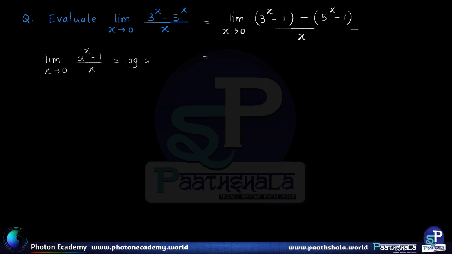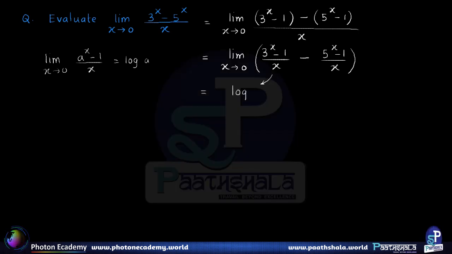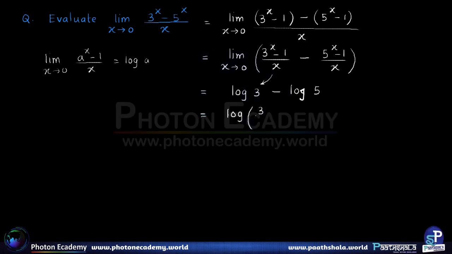So further on, splitting the given expression, we can write it as (3 raised to x minus 1) upon x minus (5 raised to x minus 1) upon x. So the limit of the first expression from the standard result is nothing but log 3, and minus the limit of the second part, which is log 5. So we can see that log 3 minus log 5 is nothing but log of 3 upon 5 using the standard rule for logarithms. So that is the final answer.